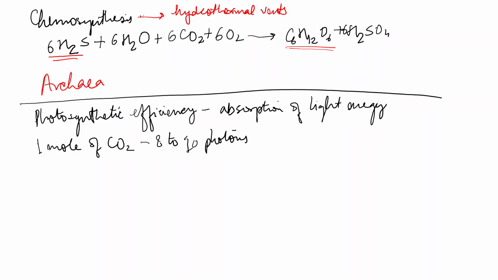So these 8 to 10 moles of photons in the visible light consist of approximately 381 kilocalories. To use 1 mole of CO2, 8 to 10 moles of photons are used, and those photons consist of approximately 381 kilocalories of energy.